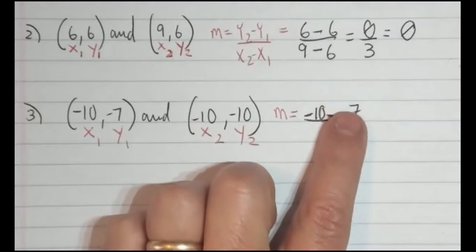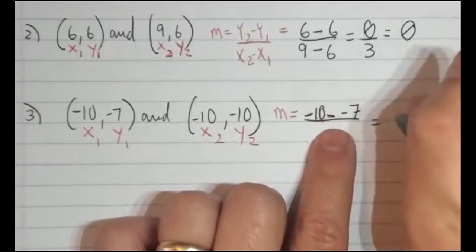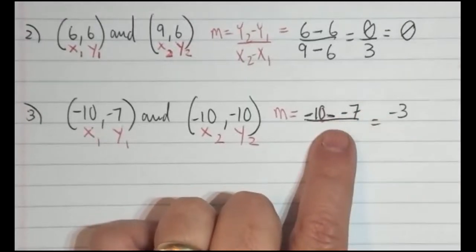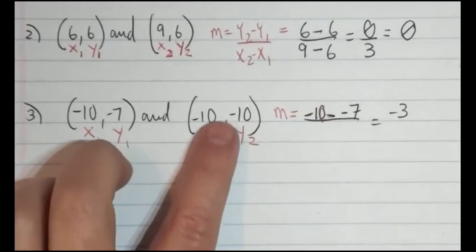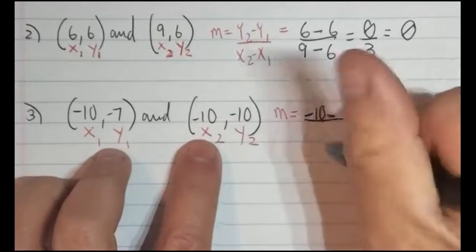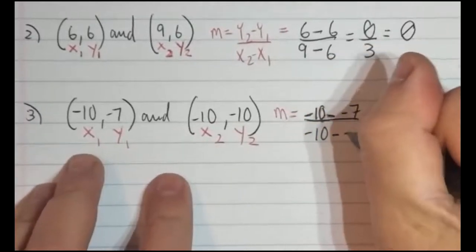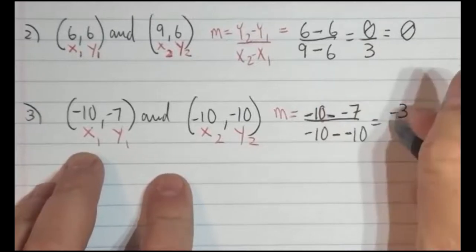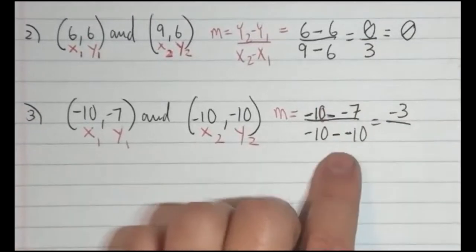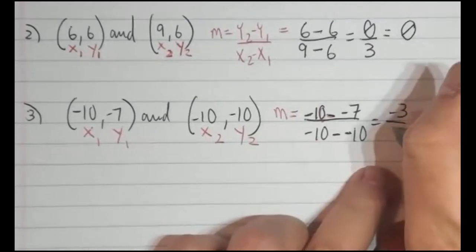When we have double negatives, they both turn into a plus. So this is actually going to be -3 on top. But let's do our bottom numbers, our x2 minus x1, which would be -10, take away a -10. So in other words, this is going to be -10 plus 10. So -10 plus 10, that's going to give me 0.